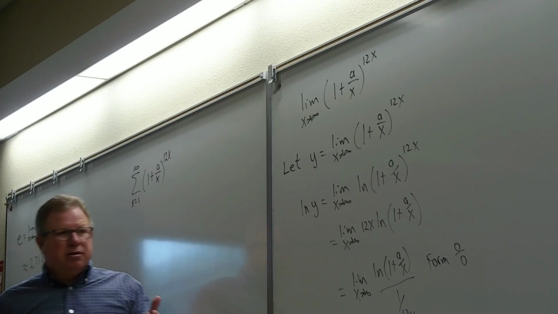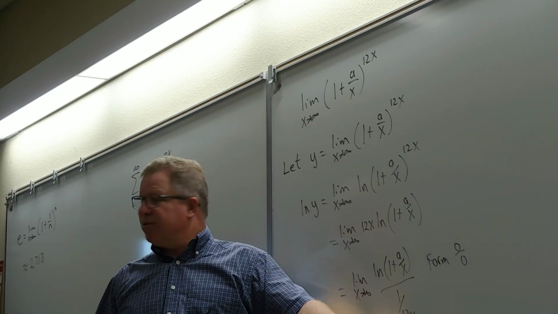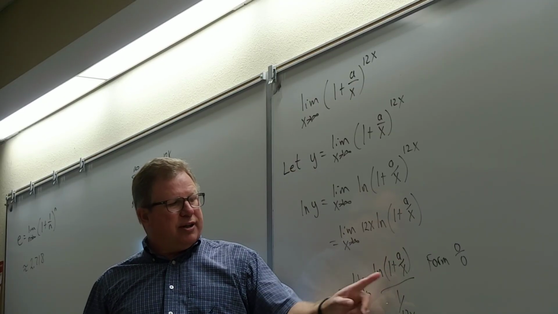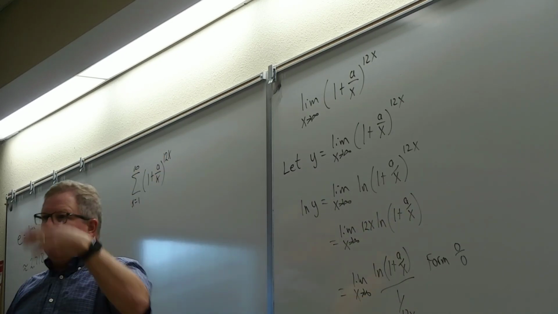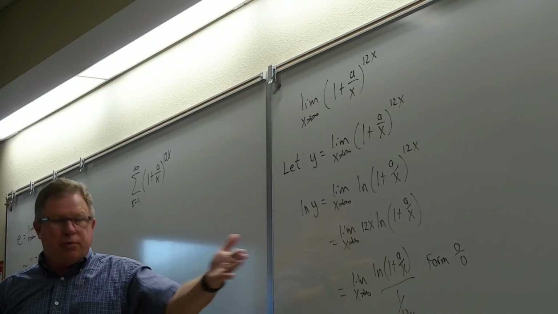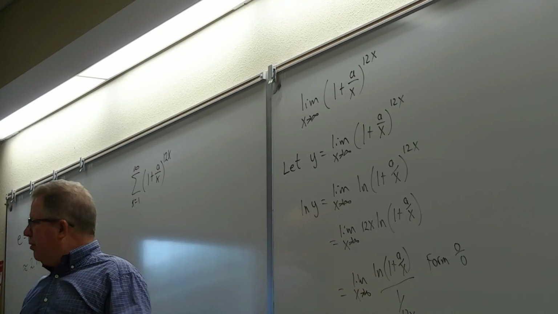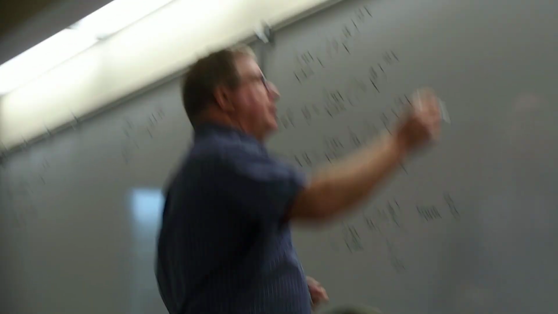Because as x goes to infinity, 1 over 12x goes to 0, and the inside of the natural log goes to 1, and natural log of 1 is 0. So we have 0 over 0 here. If it's either infinity over infinity or 0 over 0, we can use L'Hopital's rule, right? So let's use L'Hopital's rule.